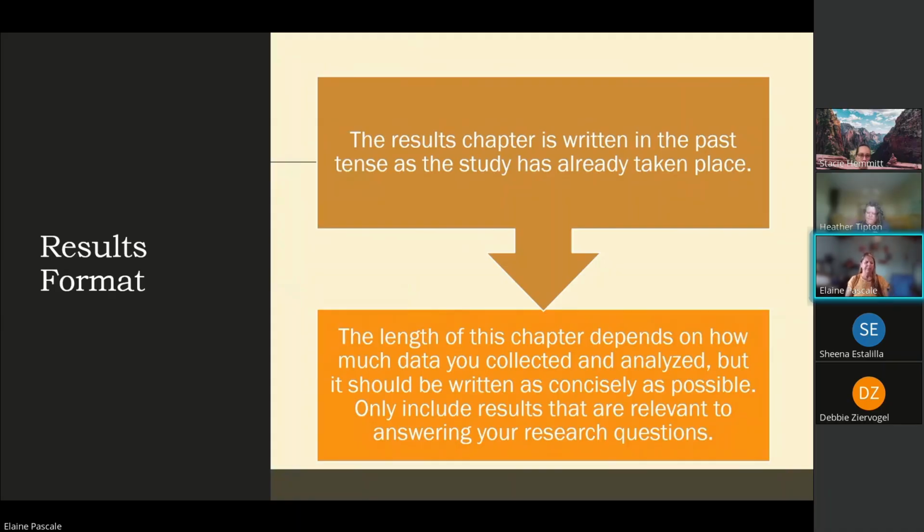So when you have a template from your department and they say your results is this length, they're giving you a ballpark figure. As always, don't think about that when you're drafting. Get your ideas down. Then you can step back and look, maybe reverse outline or do something else to see if you are being repetitive. Is there a way to condense it, make it more concise? But don't really worry about that length.